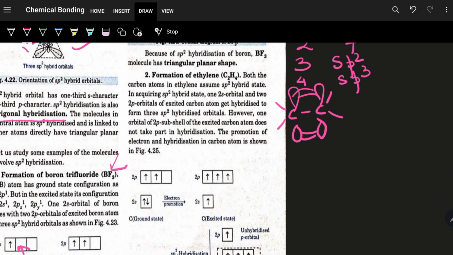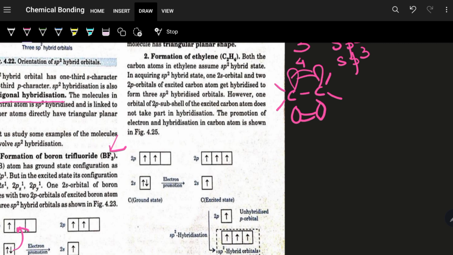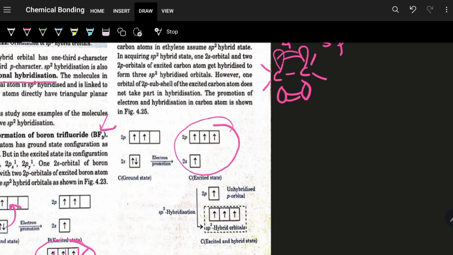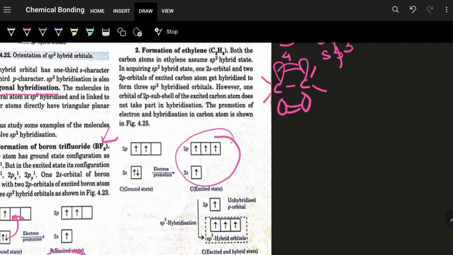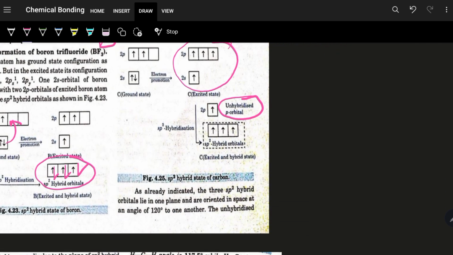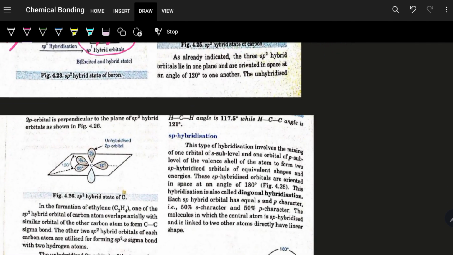Okay, so here we can see what is happening in the excited state, and so it is sp2 hybrid state. Not all are utilized, because here each carbon is having 2 hydrogen. So now this is unhybridized p orbital, which is actually undergoing pi overlap, lateral overlap.